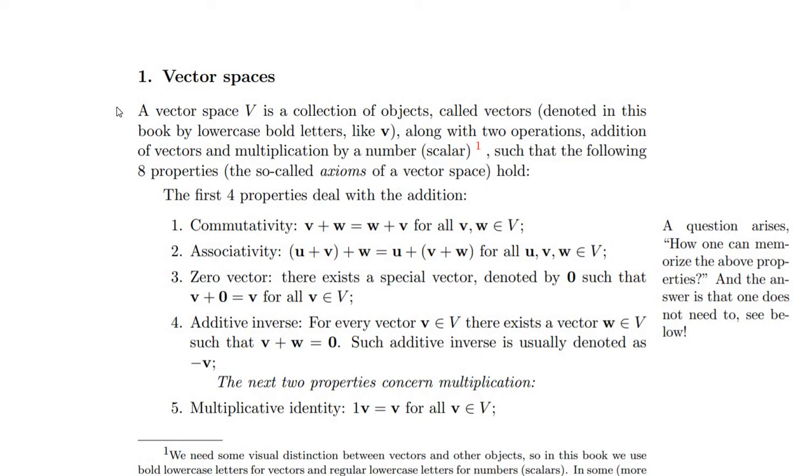They have a particular set of axioms for a vector space. If the objects that a particular set V contains satisfy all these axioms, then we'll call that particular set V a vector space and all the elements vectors.